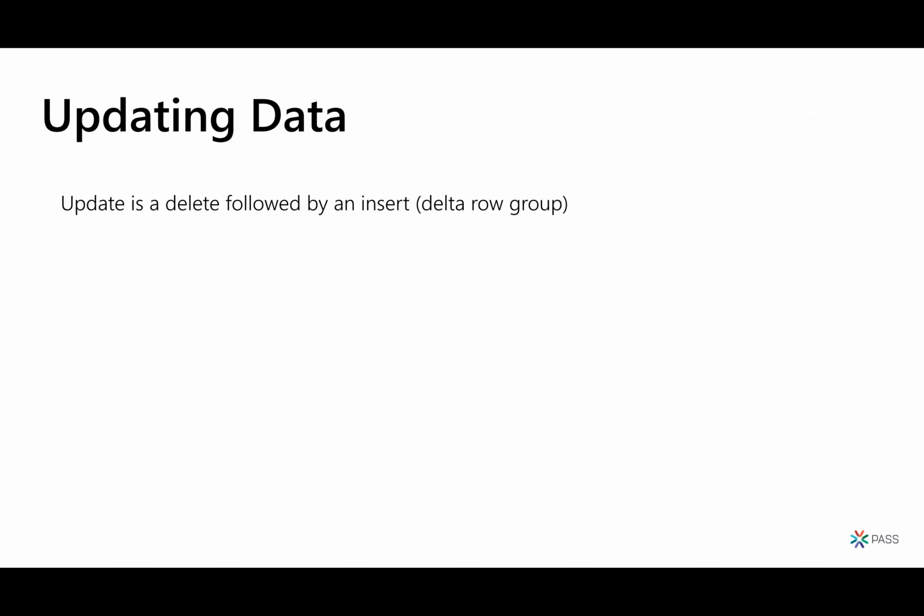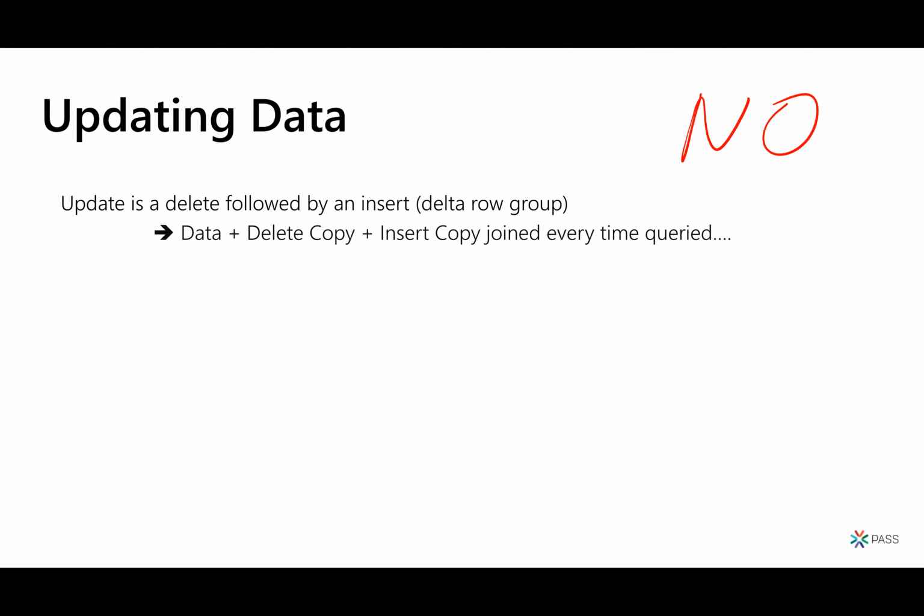So now, for updating one row, you created two extra tables that have to be joined and unioned with every select from the column store. That's why, again, don't update your data unless you really, really have to. And if you do, you have to rebuild immediately afterwards. Yeah. So an update becomes a delete plus an insert, and they have to join every time.